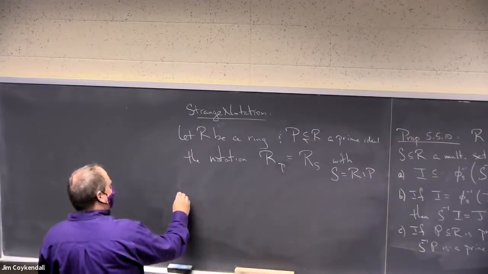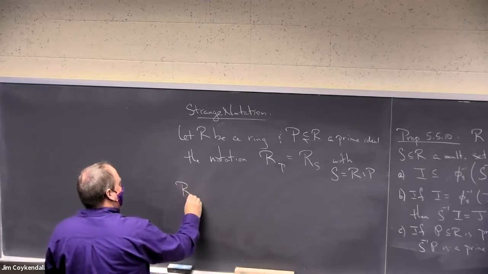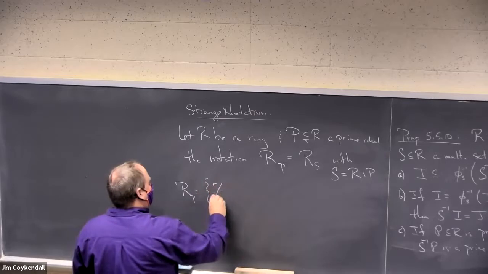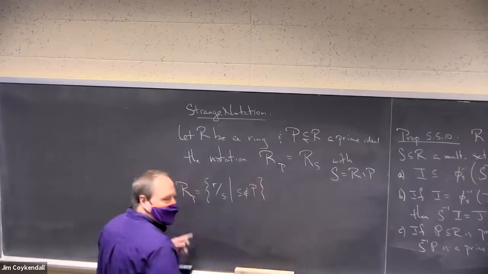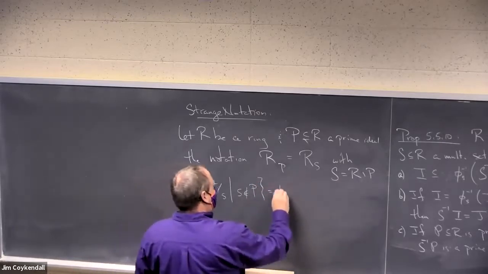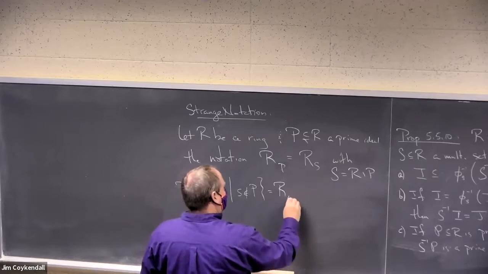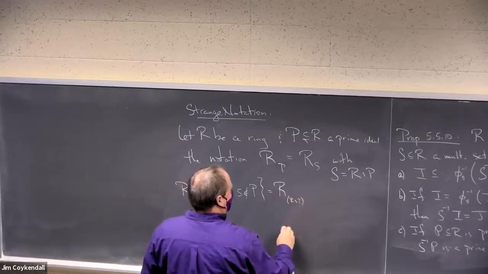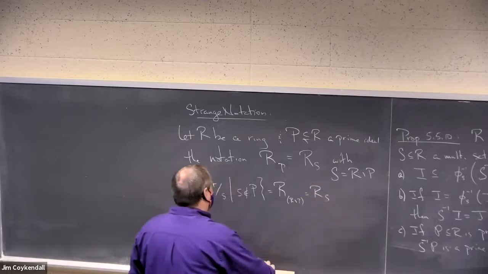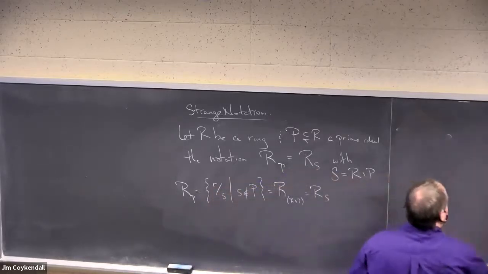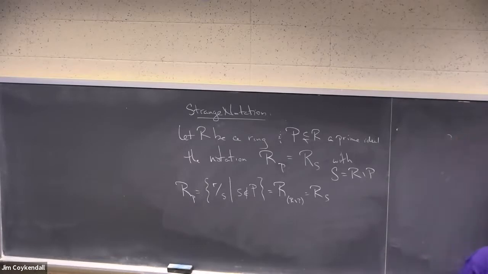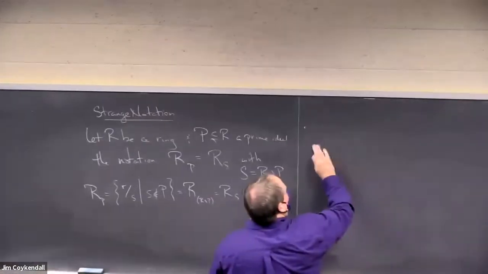Right, so R sub P is the set of R over S, where S is not in P. So when you see the subscript is a set, that means that's a set of denominators. When you see the subscript is a prime ideal, that means it's everything that's not in there. And I apologize on behalf of the community for that.